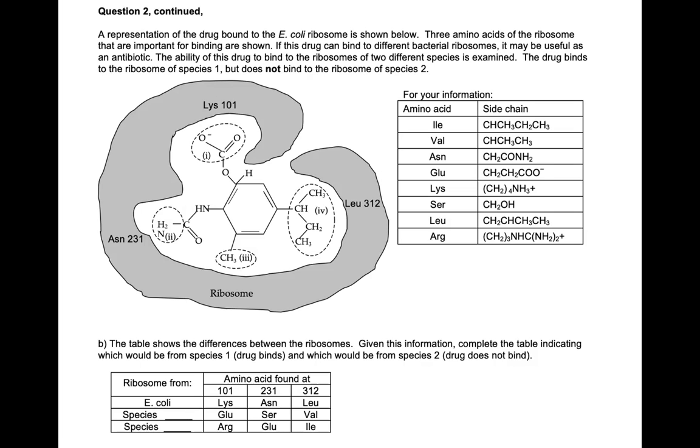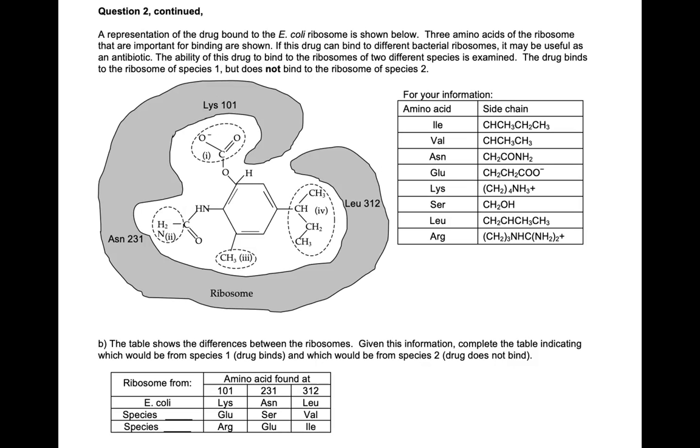So complete a table indicating... so I just need to fill 1 or 2. Yep. So, which one of these groups of amino acids will bind and which one will not? Oh, okay. So, wait, lysine and glutamine, they will not, because they're the same charge, positive, right?